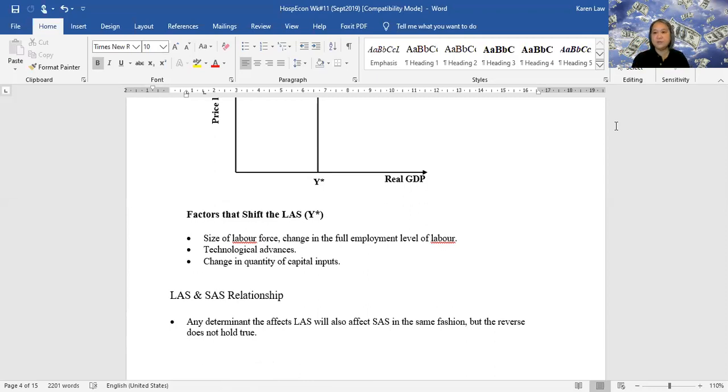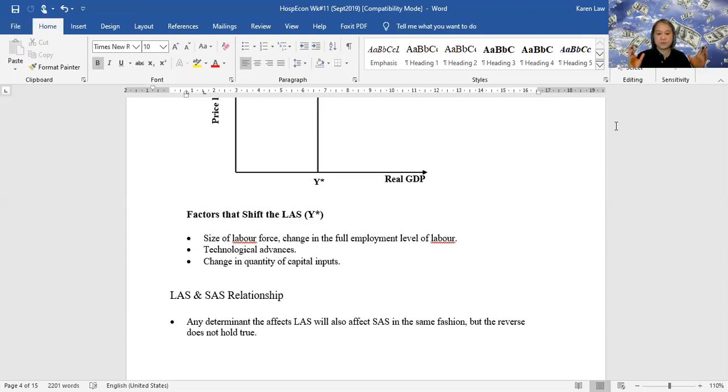So the other caveat here is that the things that shift our short run supply curve would be, for example, the change in the price of our factors of production. So if wages go up, you're going to expect our short run supply curve to shift to the left because it's gotten more expensive for the average company.